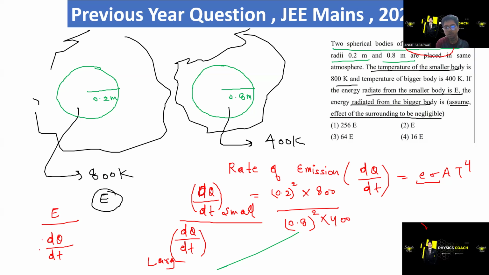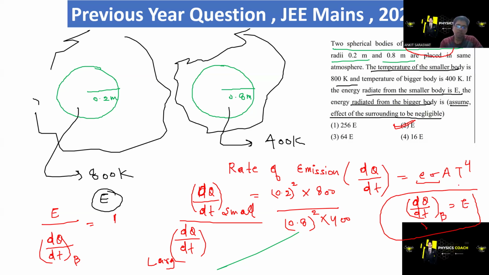Yeah, the larger or big body. Solve, it will be 1. So the correct answer is option 2. So the rate of emission or energy radiated from the bigger body, dQ by dt from the body. Okay, I think this doubt is clear by now.